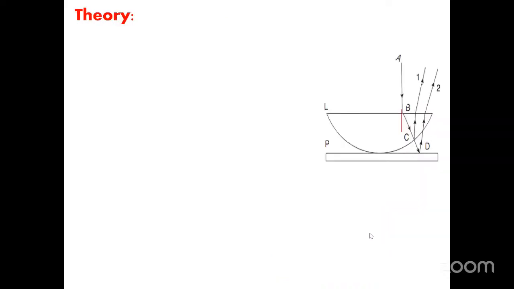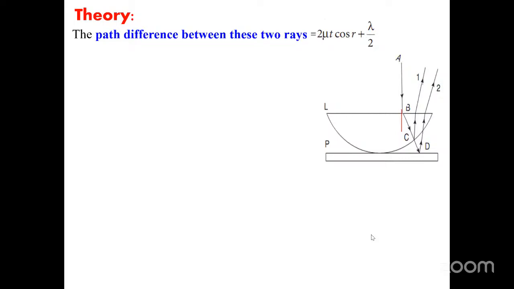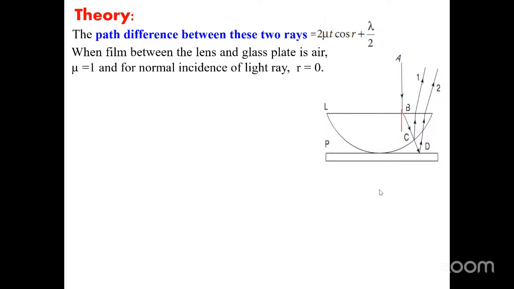The superposition theorem is very, very important. The path difference between the rays is 2 mu t cos r plus lambda by 2. Here mu is 1, the refractive index, and r is also 0, so cos 0 is 1.